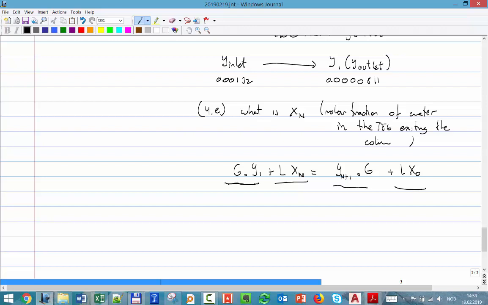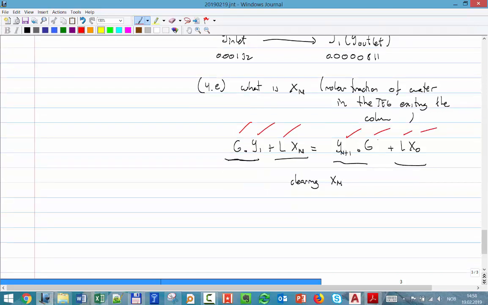And then we clear from here, clearing xn. That's the only thing we don't have. We have already estimated this guy, this guy, this guy, this guy we estimate, this guy we have, all of them. So I can clear xn.